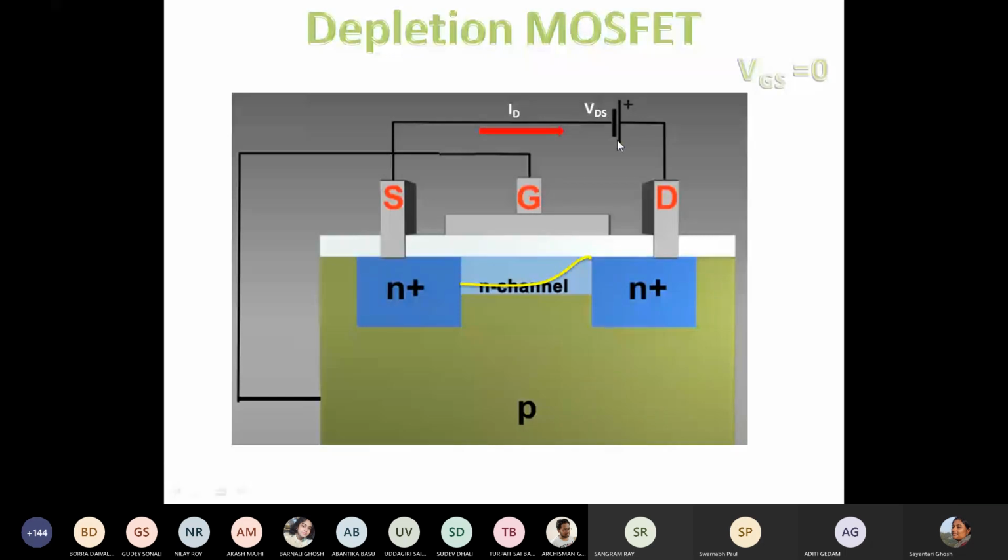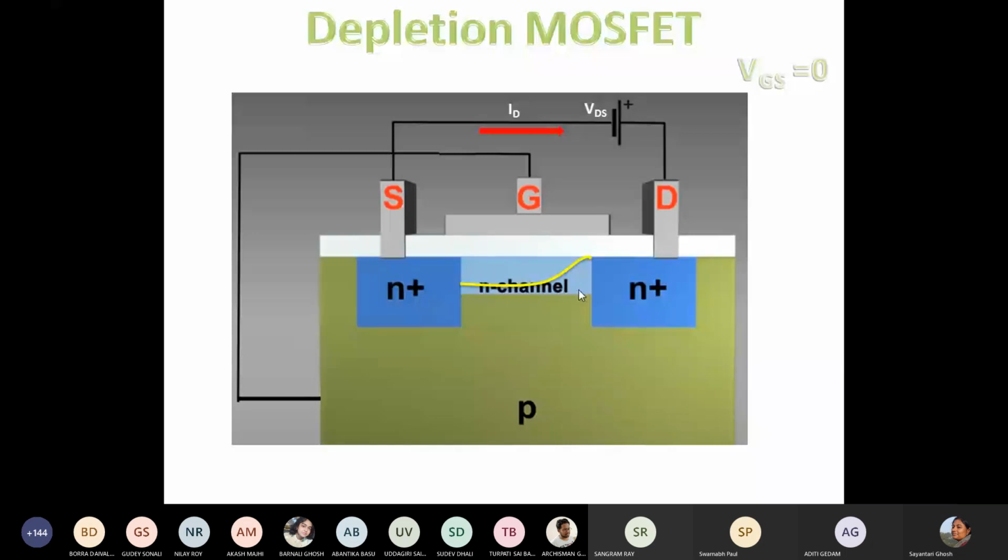This is the simplest part of the discussion, where we have VGS equal to 0 and only one source, VDS, which has controlled and closed the channel by formation of the depletion region. This operation looks quite similar to JFET, right? We drew almost a similar diagram in case of JFET.